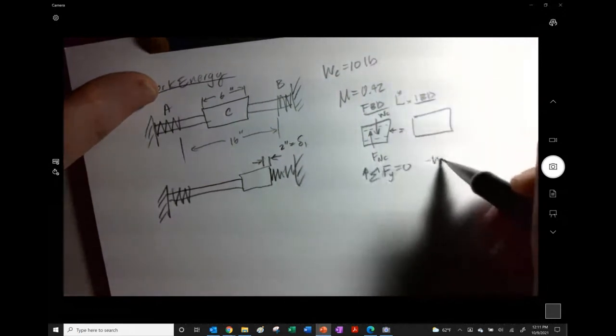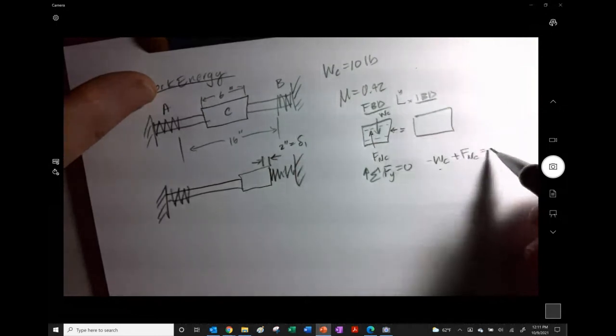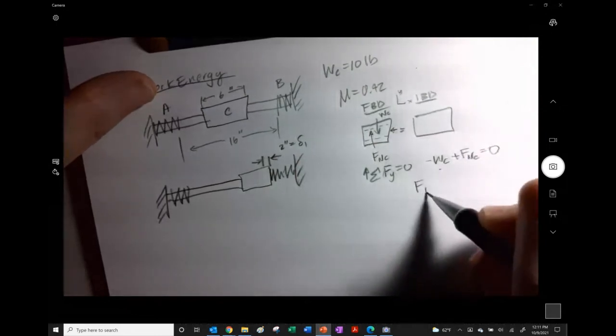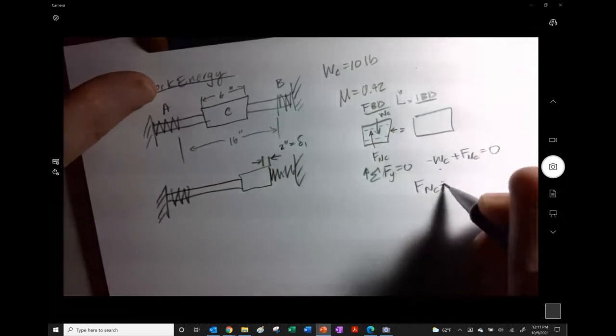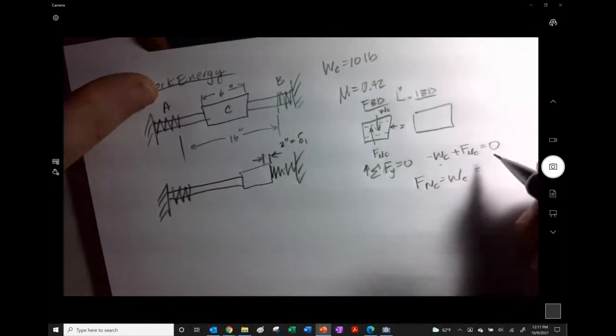So negative W_C plus F_N,C equals 0. And we get the completely obvious answer that the normal force is equal to the weight.